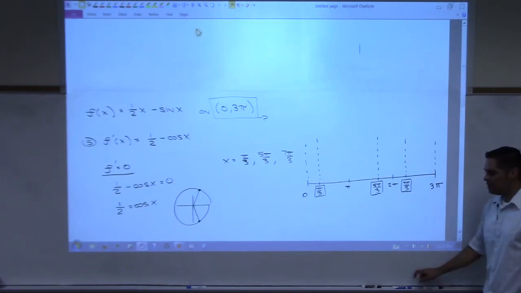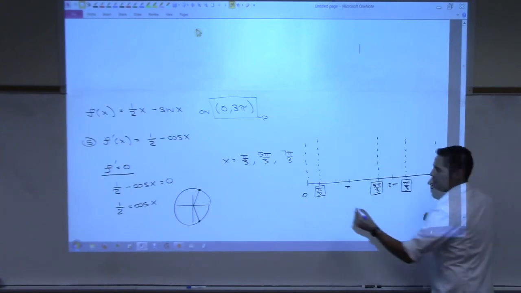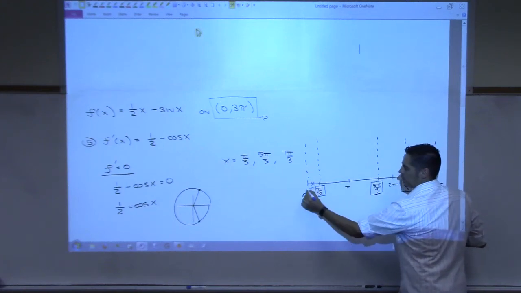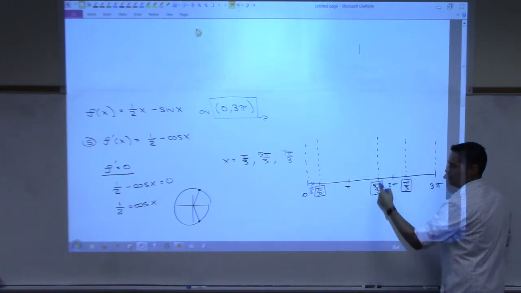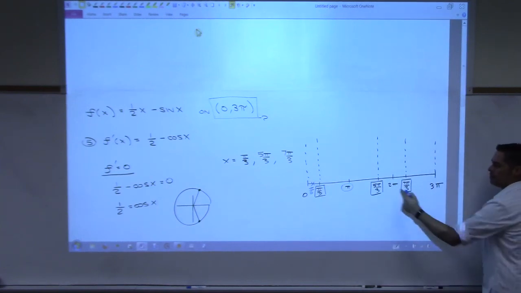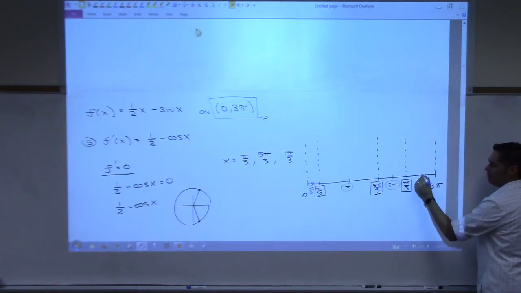Do you see your test points? Where they have to be? I need one here. So what, pi over 6? Something between here and here? Let's go with pi. Something between here and here? 2 pi. Something here?